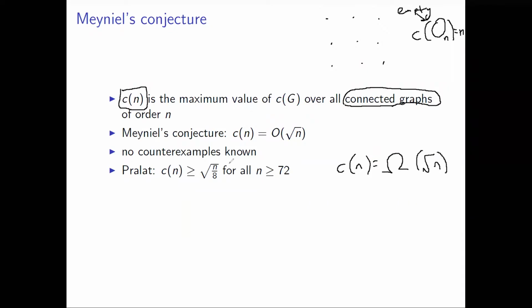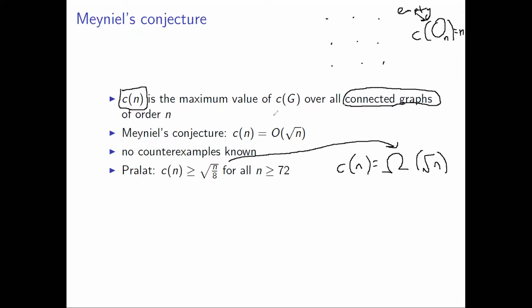And this is an example of one of these. We can see that this is a big omega bound with the constant as the square root of 1/8. And there are other big omega of square root of n bounds. There are many constructions that people have found to show that C of n is big omega of square root of n.